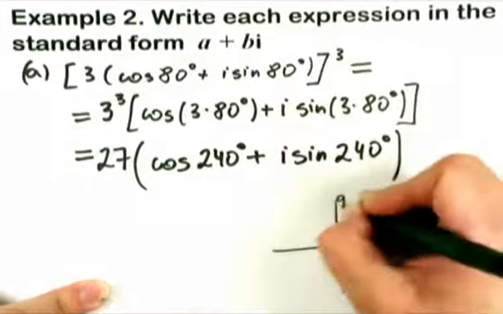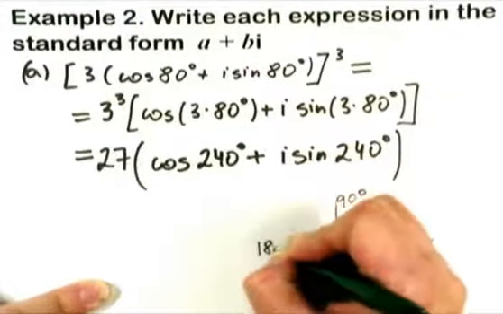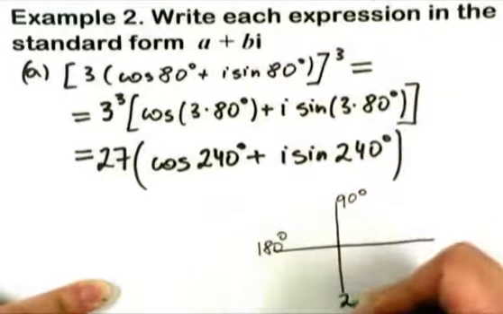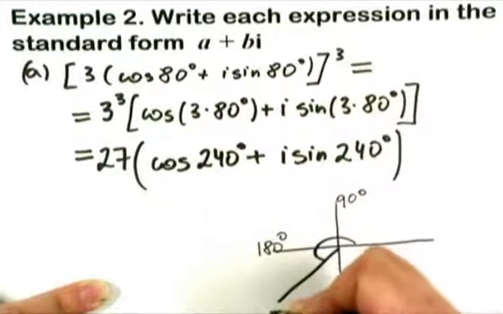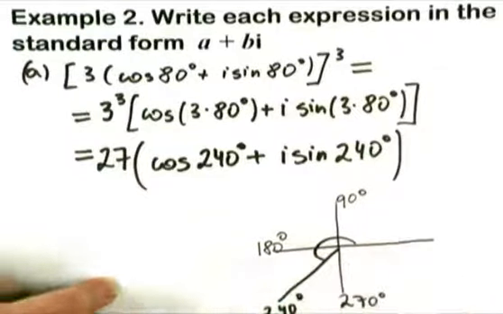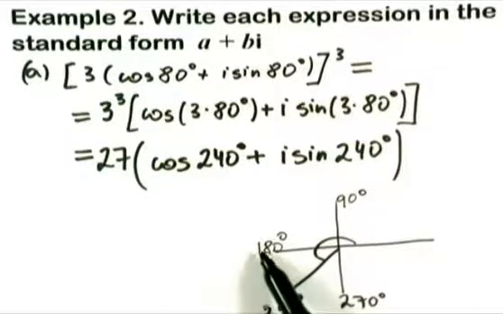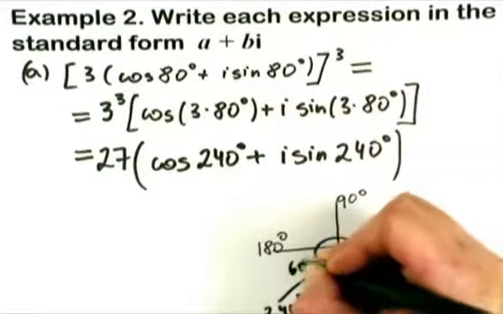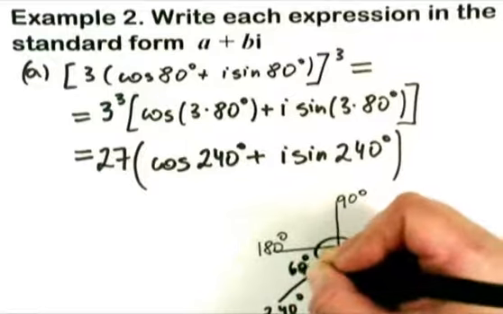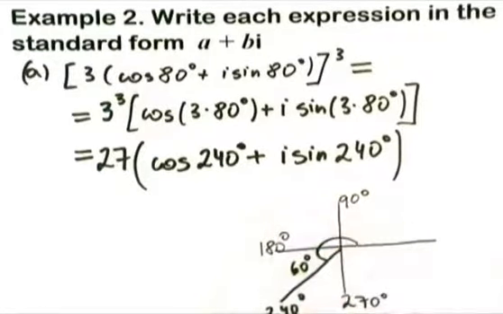We know here is 90, here is 180 and 270. So if I keep opening, 240 is somewhere here. So how much farther? 180 to 240. What is this angle, the reference angle? Nothing else but 60 degrees. 180 plus 60 is 240.